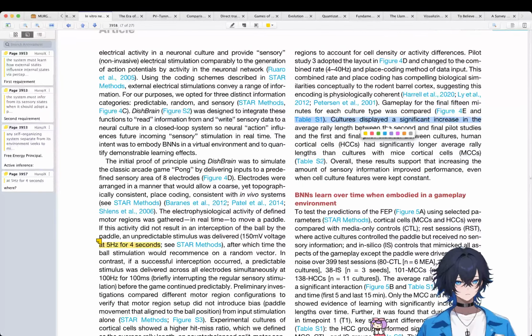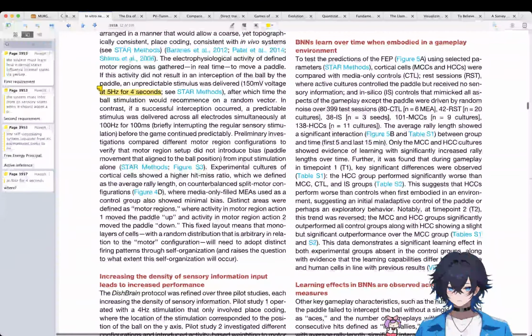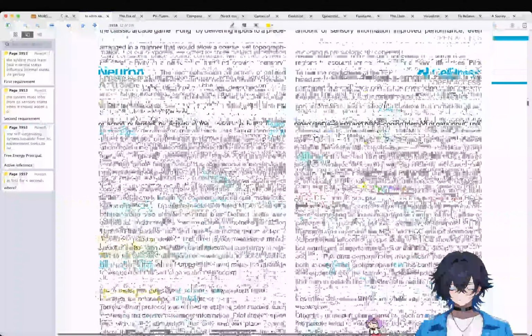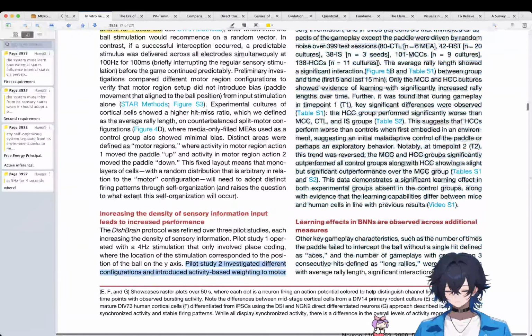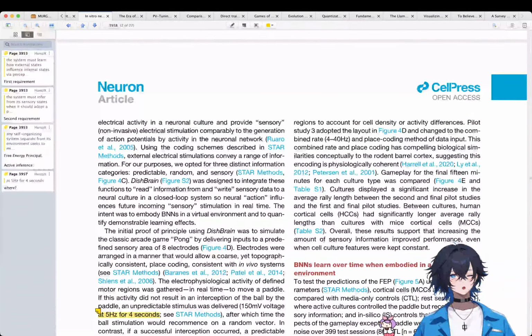Wait, how long did they train for? That's an interesting question. Okay, pilot study 2. Wait, what? Where was this? Okay, pilot study 2, investigate different configurations, introduce activity-based weighting to account for cell density or active... What?